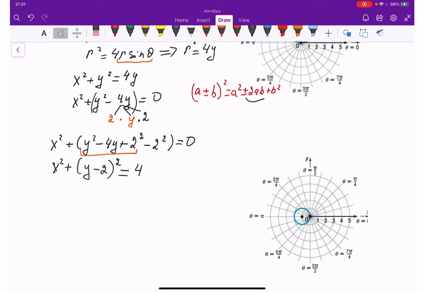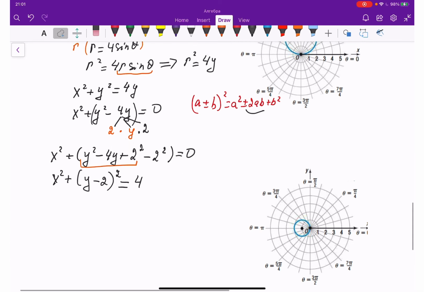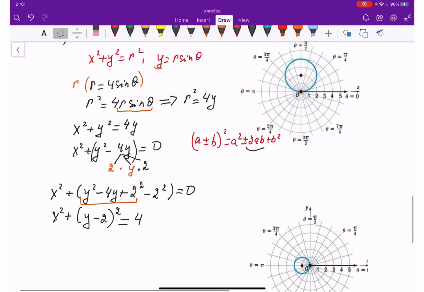All right, so we have it, and we are getting a circle where the y coordinate is shifted by 2. So y minus 2, here it is shifted by 2. Look here, 2 units, 1 and 2, see?